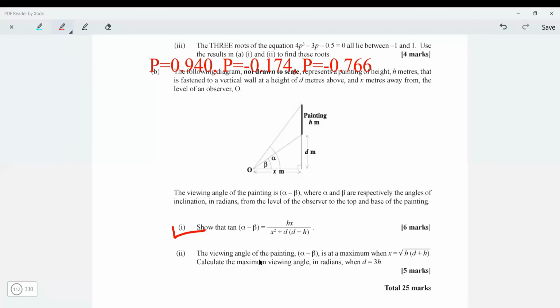And that maximum angle in radians, when d is 3h, it says calculate the angle in radians. So all they're telling you to do is plug in x as this formula, plug d as 3h, find what is the angle.